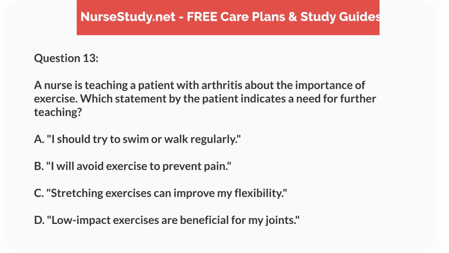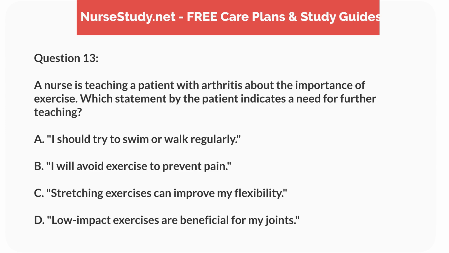Question 13. A nurse is teaching a patient with arthritis about the importance of exercise. Which statement by the patient indicates a need for further teaching? A. I should try to swim or walk regularly. B. I will avoid exercise to prevent pain. C. Stretching exercises can improve my flexibility.